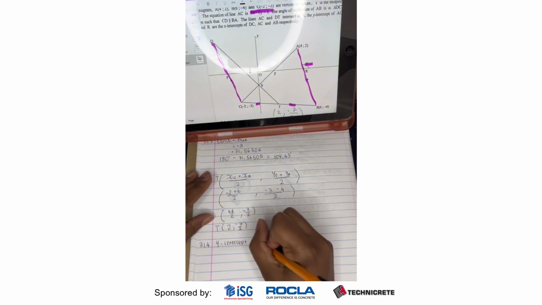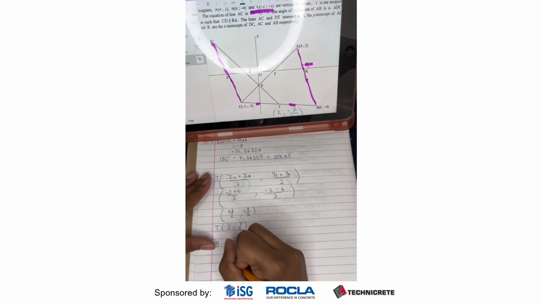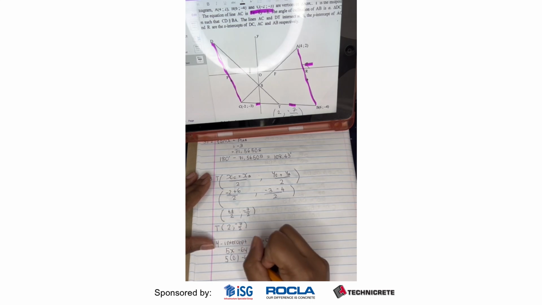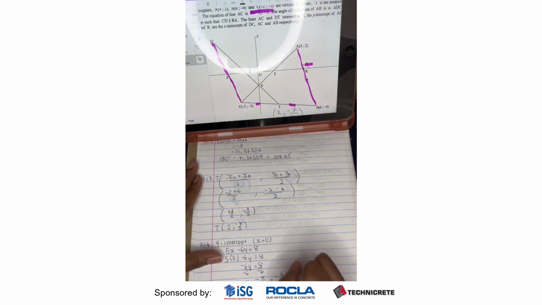So we're going to make x equal to 0. The equation is 5x minus 6y is equal to 8. Let's substitute 0. So this becomes 0. I'm going to be left with negative 6y is equal to 8. Divide by negative 6 on both sides. y is therefore equal to negative 8 over 6, which can be further simplified to negative 4 over 3.